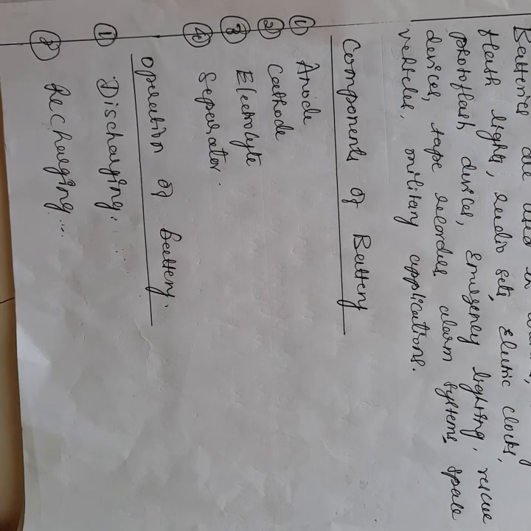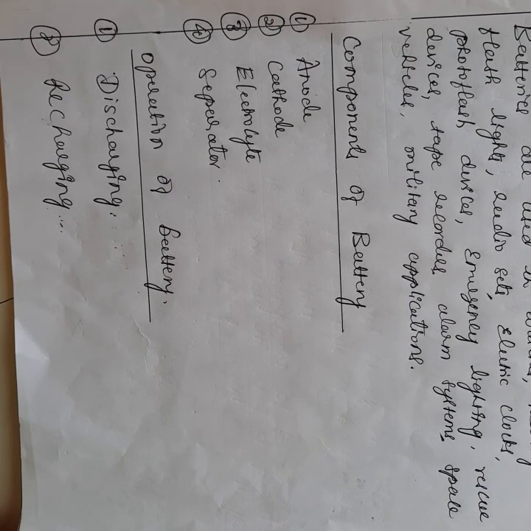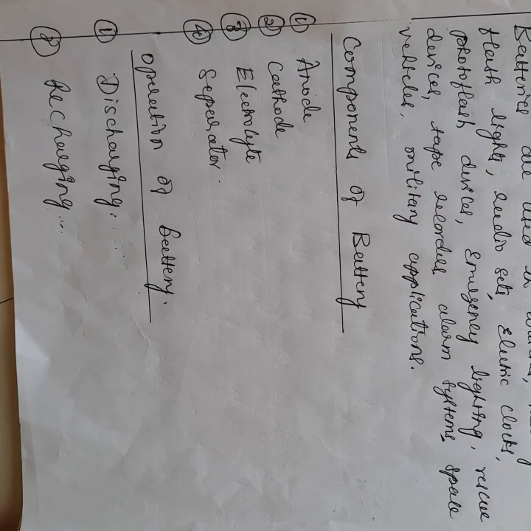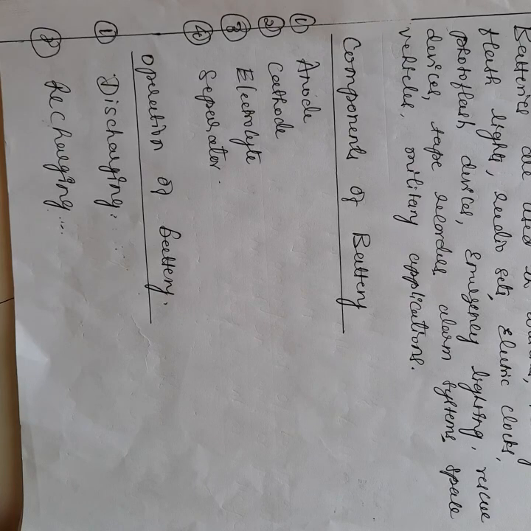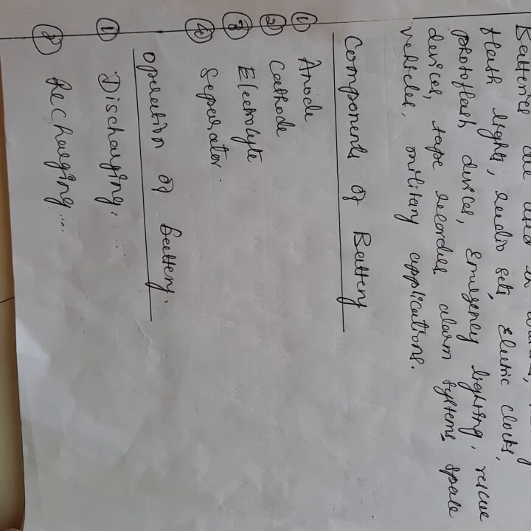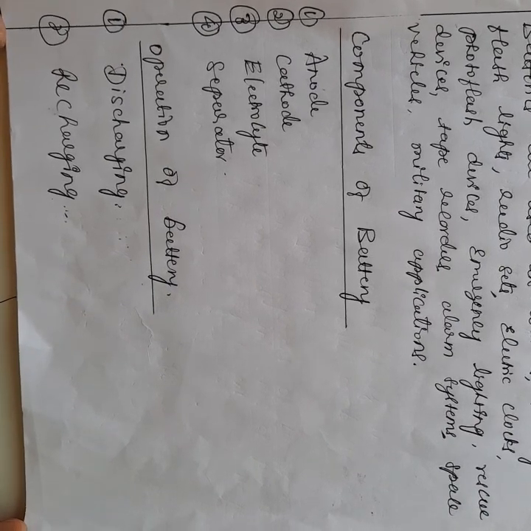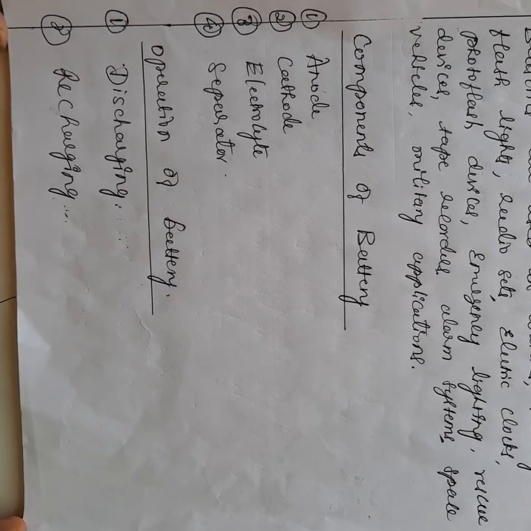We have already seen how the galvanic cell works. When the battery is undergoing discharging, it works as a galvanic cell. Students, you already know that this means an oxidation reaction takes place at the anode and a reduction reaction takes place at the cathode. These two are the reactions taking place in the discharging process.